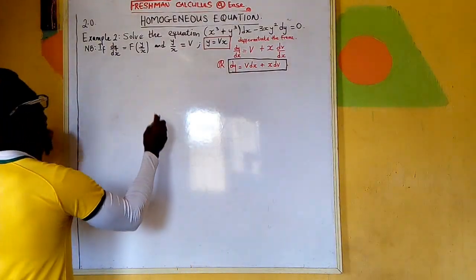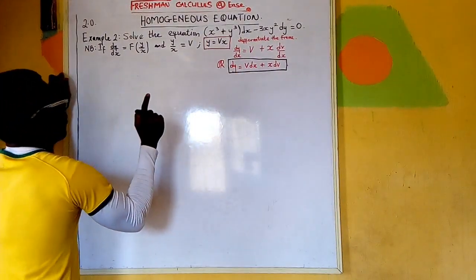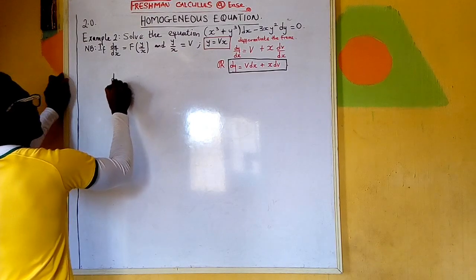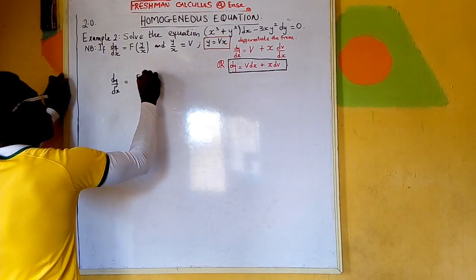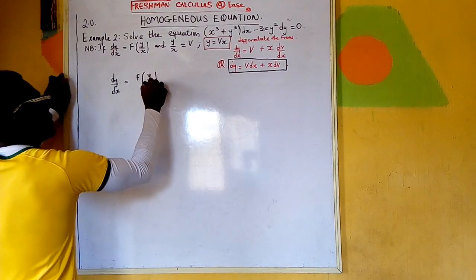Now, if you look at this equation here, it is of this form, and that is why you see that we have dy/dx is equal to a function of y over x.